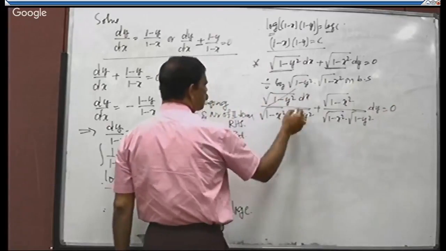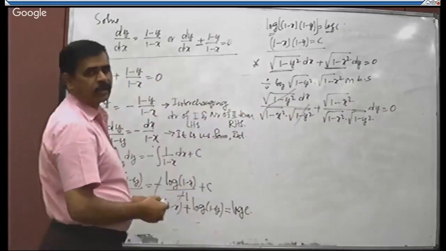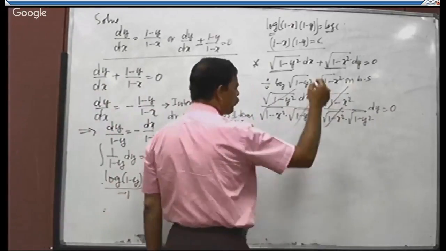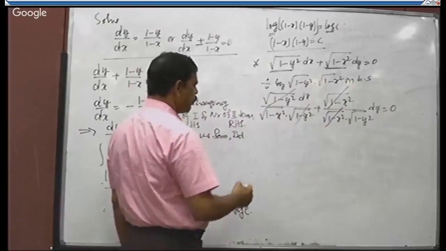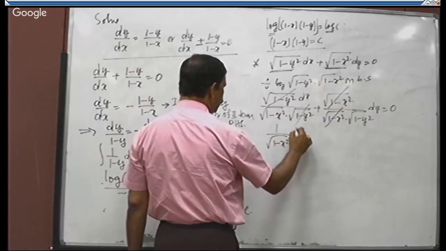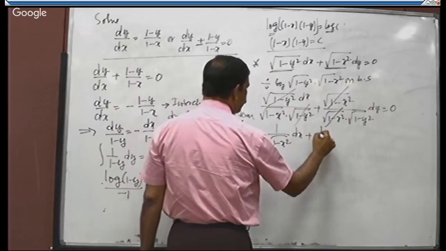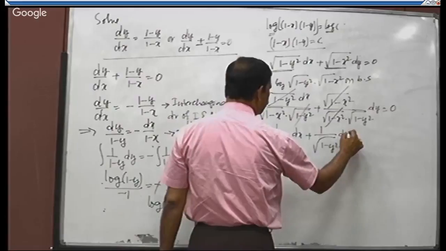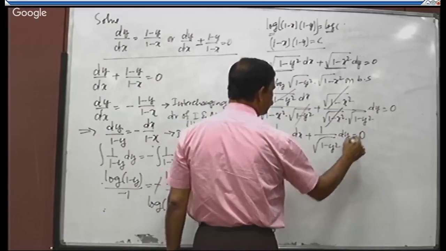Root of (1 - y²) cancels, and root of (1 - x²) cancels. What is remaining? 1/root of (1 - x²) dx plus 1/root of (1 - y²) dy is equal to 0.